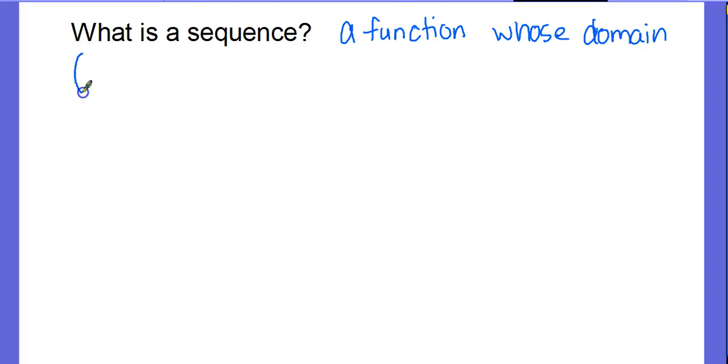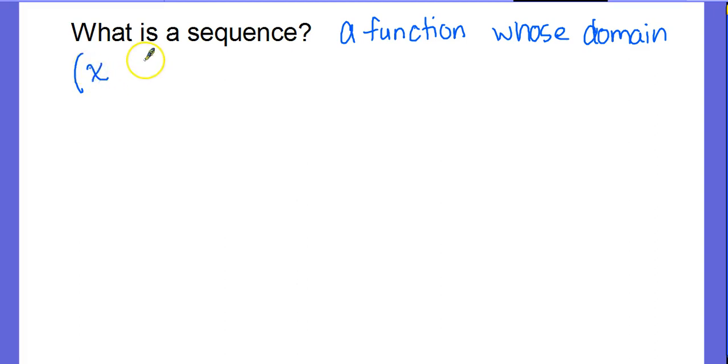So what is a sequence? I'm going to define it first, and then I will give examples. So a sequence is a function. That should sound familiar, right? Whose domain, which we know is the set of what variable is in the domain?